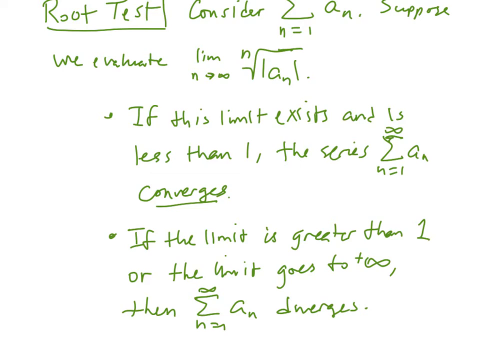Okay, if that limit is greater than 1, that is, the limit of the nth root of the magnitude of the nth term, if that limit's greater than 1 or goes to infinity, then the sum diverges.